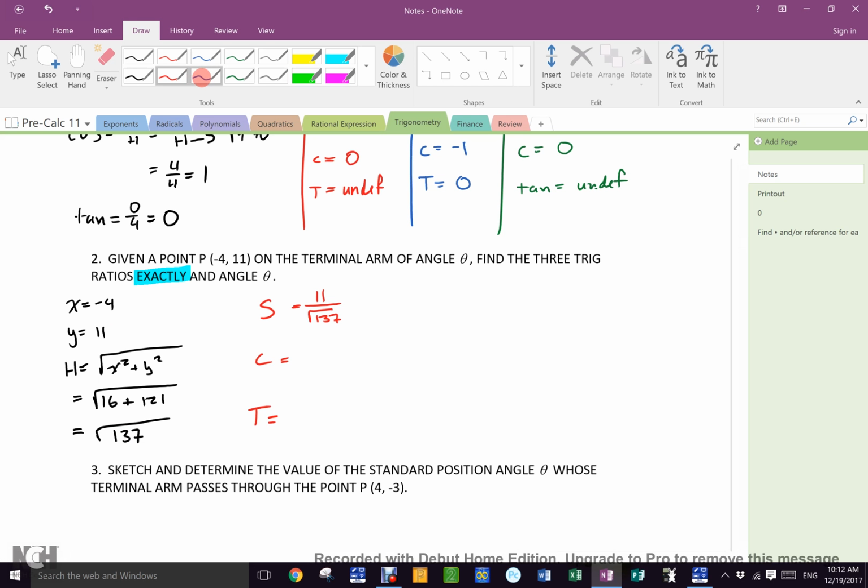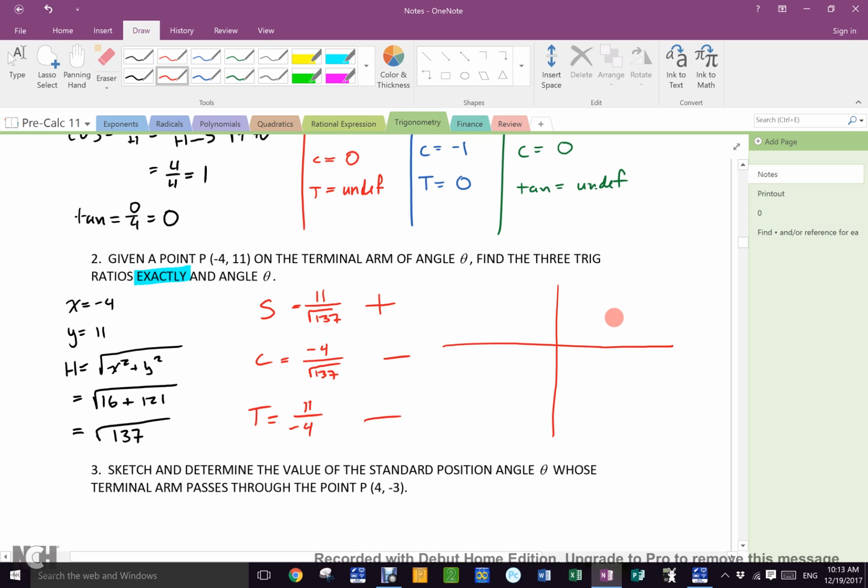What's the cos? -4 over root 137. What's the tan? 11 over -4. The sine is positive or negative? Positive. The cos is what? Negative. And the tan is what? Negative. So which quadrant must it live in?